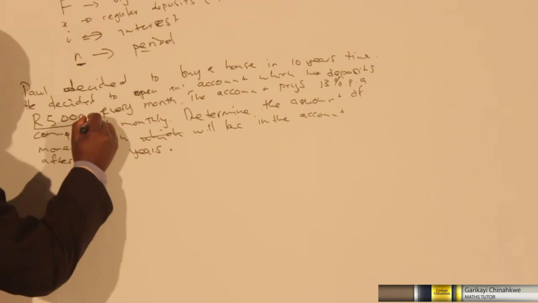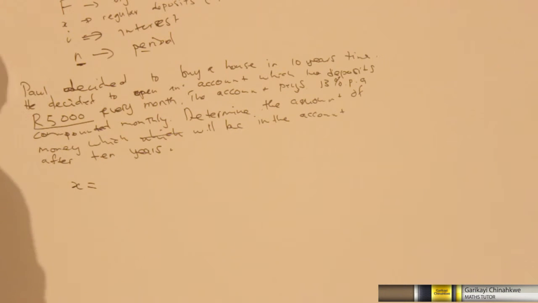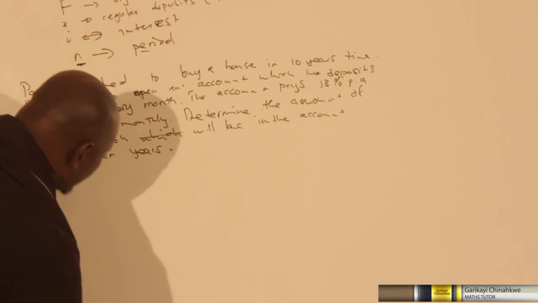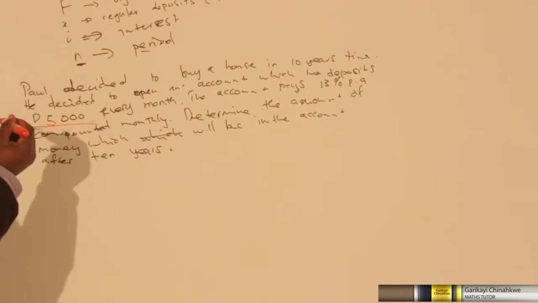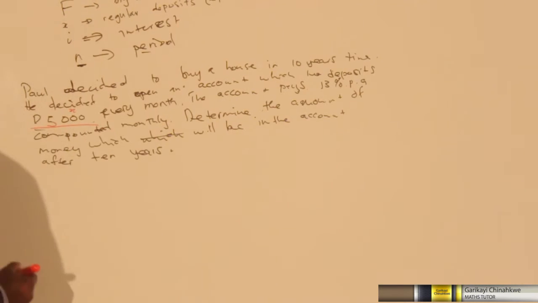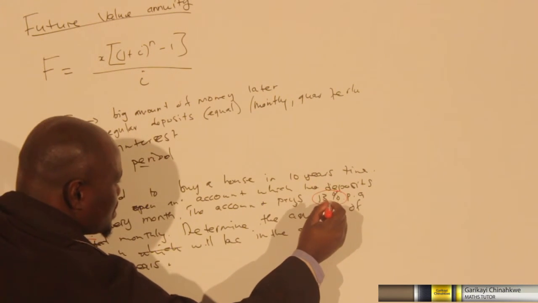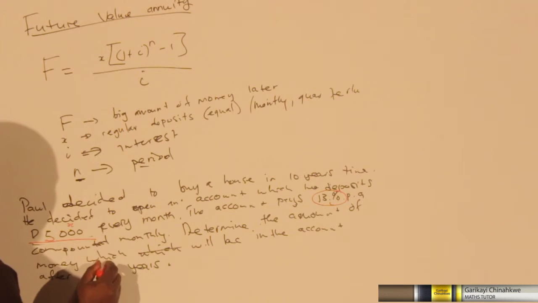This 5,000 we call X from this formula. Then our interest is I, and the 10 years is N.